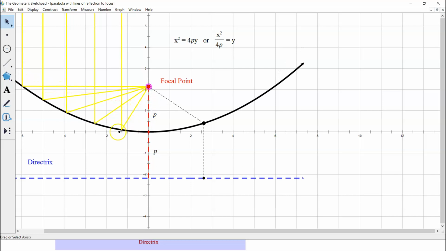And a lot of these are engineering applications, I will admit that. That's mainly what we're looking at here. But in engineering applications, there's a lot of applications to a surface that reflects to a focal point. Now, it works in both ways. If you go back to that starting page, you'd see I had a light, like a headlight for a car.